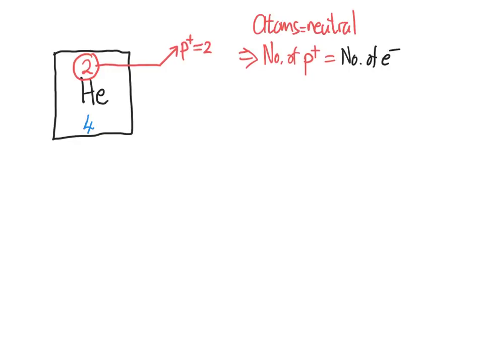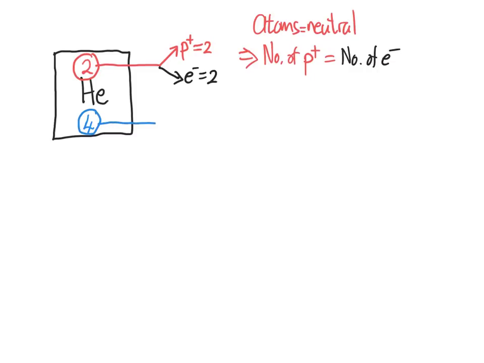In this case, helium will have 2 electrons because helium has 2 protons. The mass number, which is the bigger of the 2 numbers, is 4.